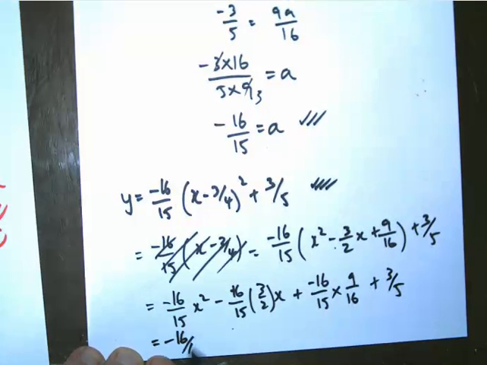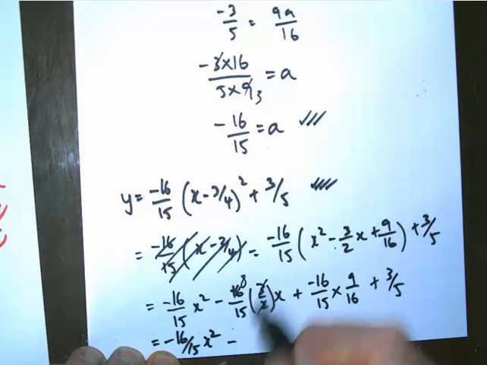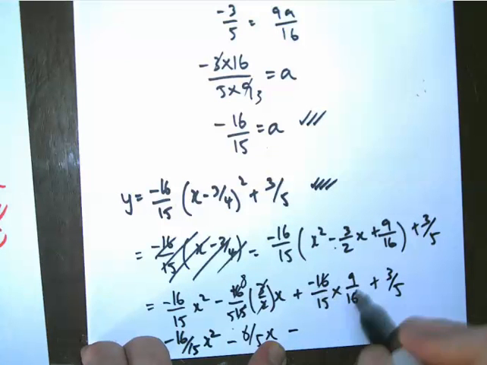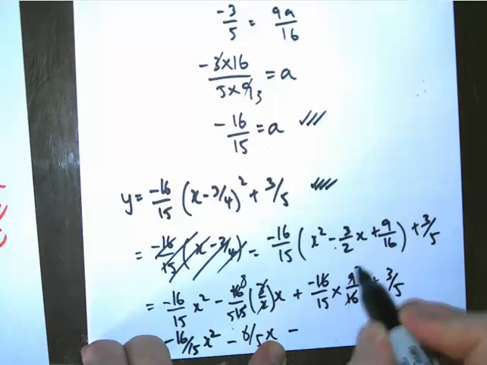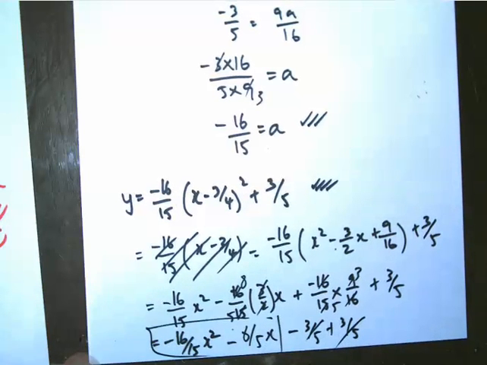Minus 16 on 15 x squared, minus 2 goes into that 8, 3 goes into that 5, 8 on 5x, minus 3/5 plus 3/5. They cancel themselves. Same answer as over the page.